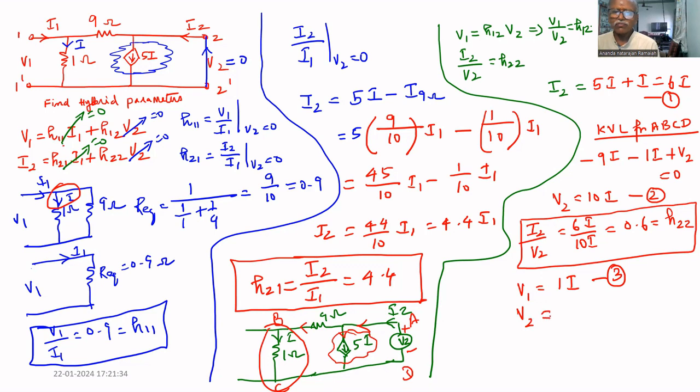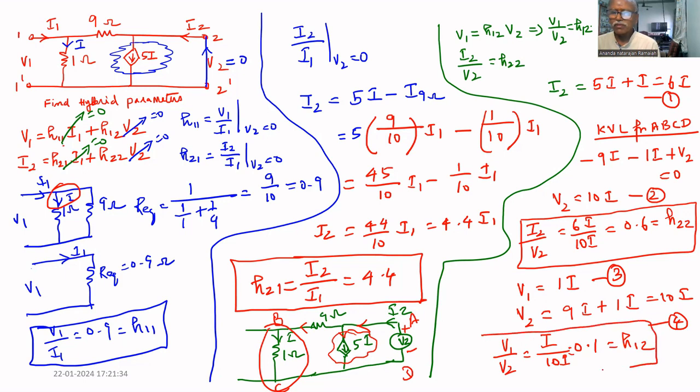V2 equal to the drop across 9 ohm plus 1 ohm, 9I plus 1I, that is equal to 10I. Let it be 4. From 3 and 4, we can write V1 divided by V2 equal to 1I divided by 10I, that is equal to 0.1, that is equal to H12. We got all the 4 parameters.